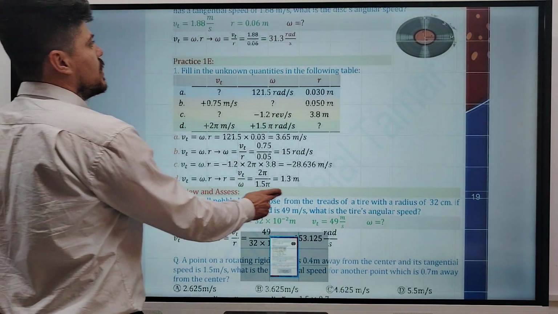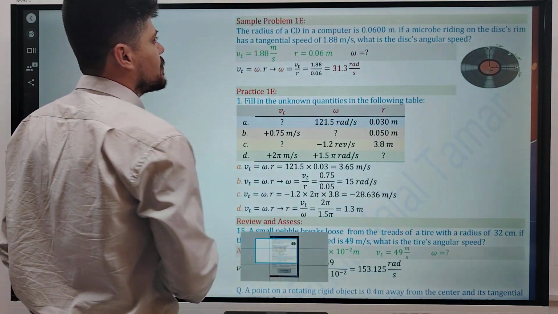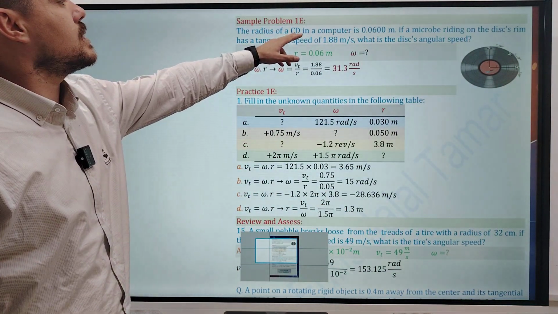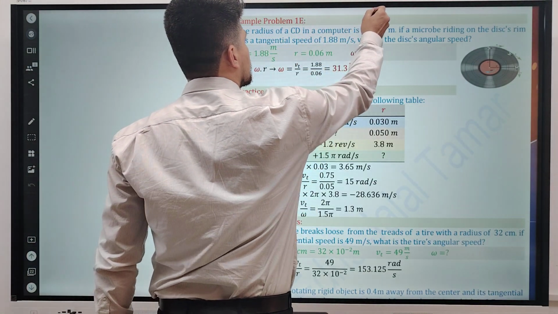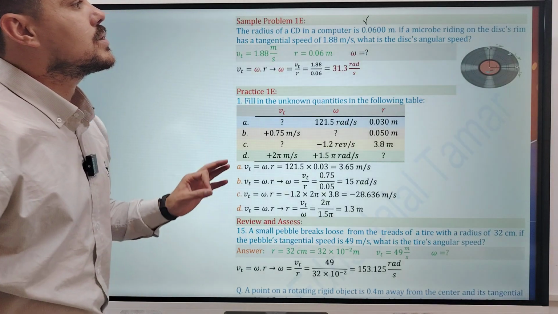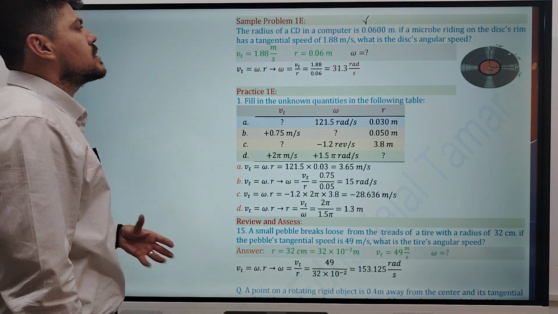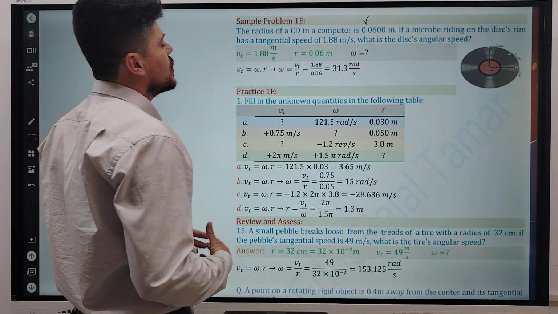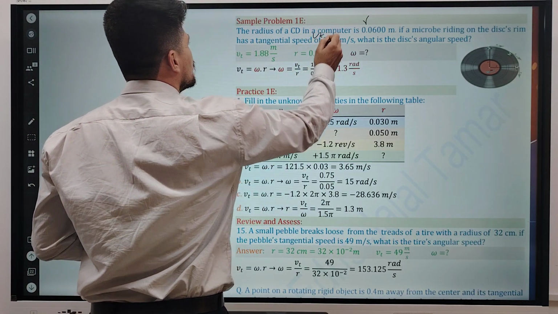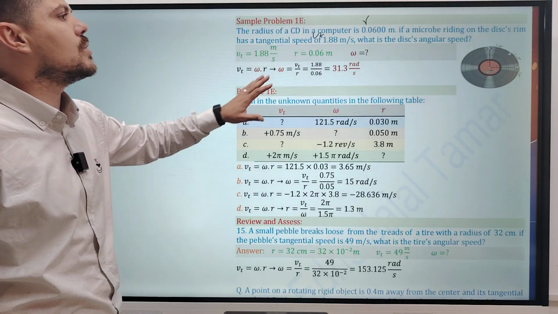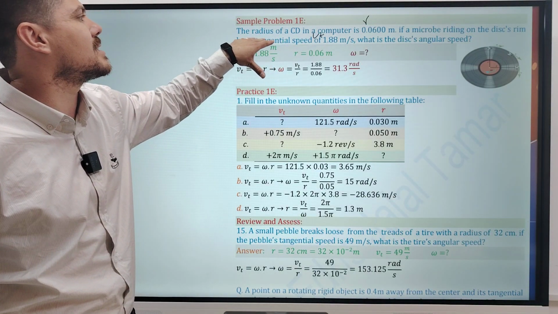Sample problem 1E. Look at this sample problem. The radius of the CD in a computer is 0.06 meter. What is this? This is R. If the microbe writing on this disk rim has a tangential speed of 1.88 meter per second, what is this? This is tangential speed. How did you know? Because the question mentioned the tangential speed.